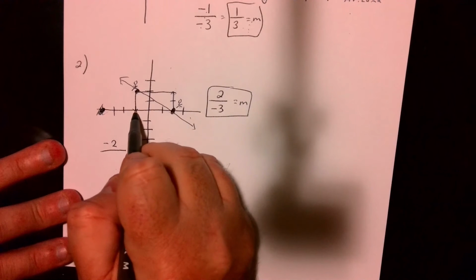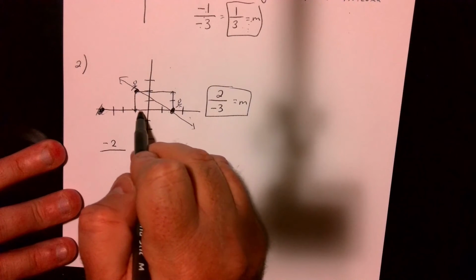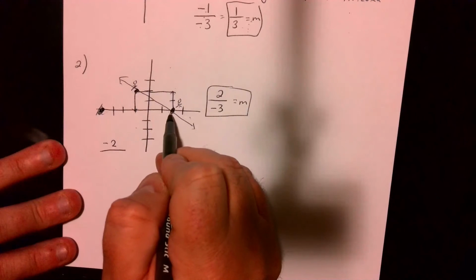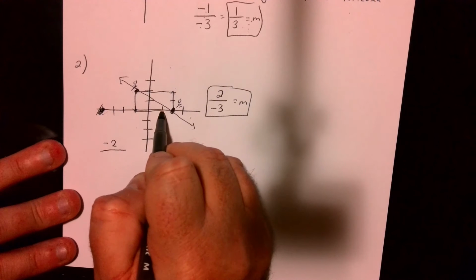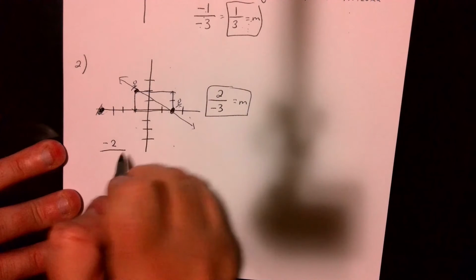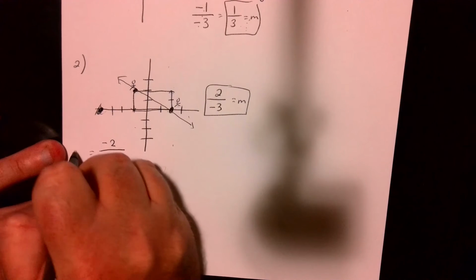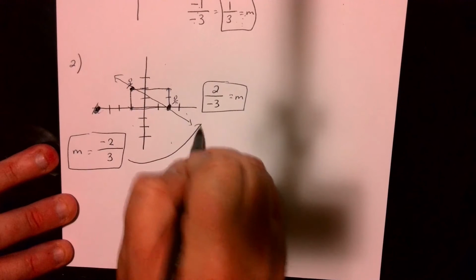And then he's got to run to either the right or to the left. Well, this time we go to the right. How many times? Once, twice, 3 times. Going to the right is positive. So there's my slope. Do we get the same answer?